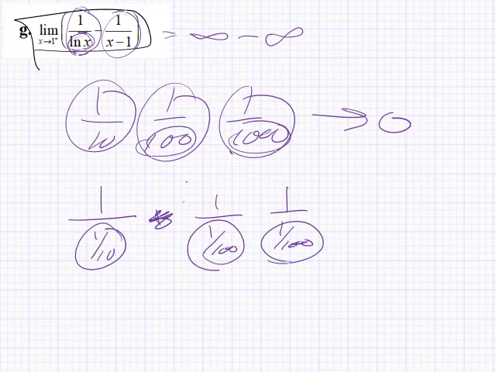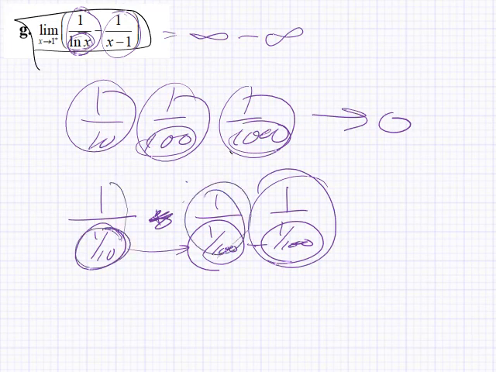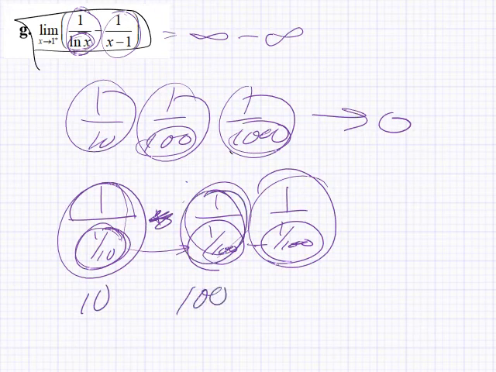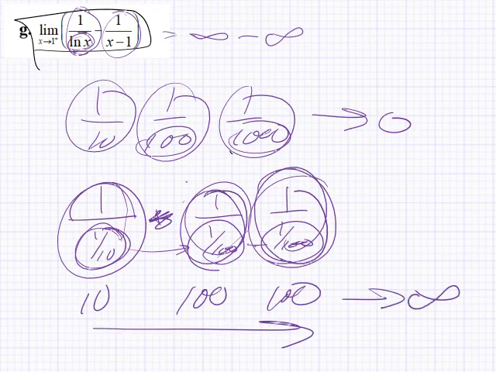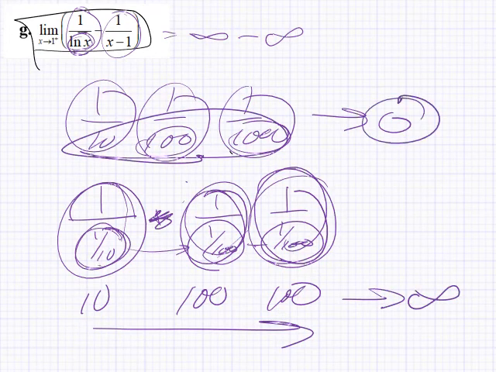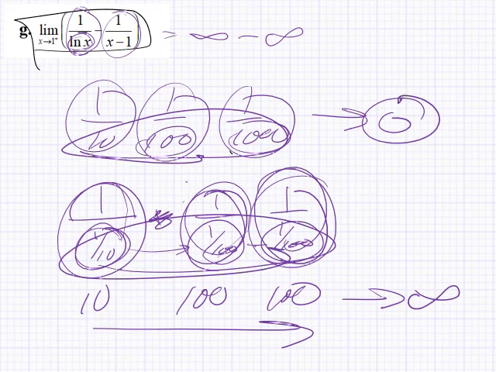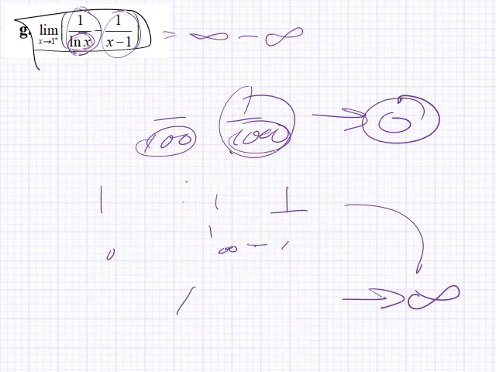Those denominators are getting smaller. They're getting closer and closer to 0. But what's happening to the whole fraction? Well, you would flip this and multiply. So actually this whole fraction is 10. This whole fraction is 100. This whole fraction is 1,000. And what are these getting closer to? Infinity. So if your denominator gets bigger, the whole thing gets close to 0. If your denominator is getting smaller and closer to 0, the whole thing is going to infinity. Something you should have learned in Calc 1, but just to reiterate it.